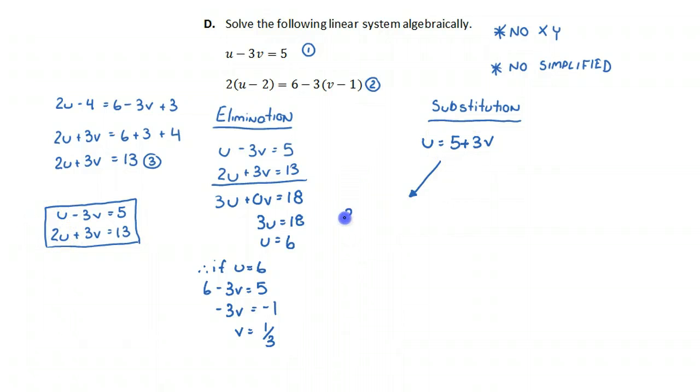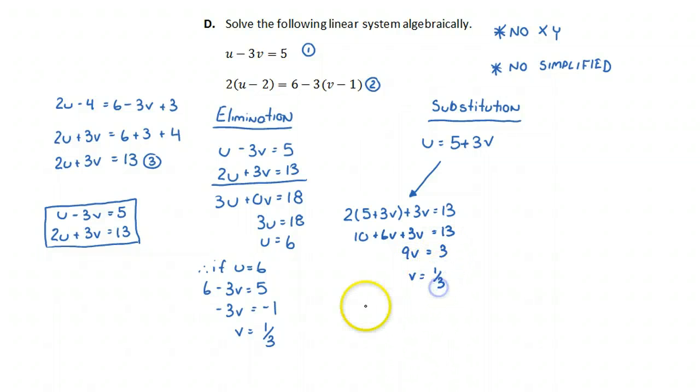So I'm going to say 2 times (5 plus 3v) plus 3v equals 13. So 10 plus 6v plus 3v equals 13. 9v equals 3. v is equal to 1/3.